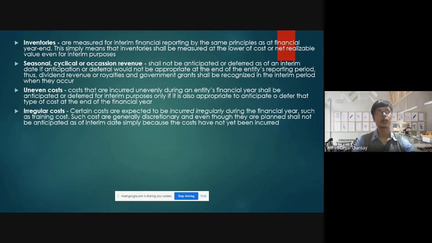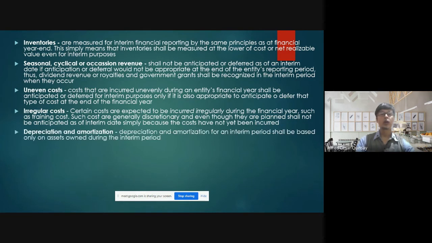Even if it's irregular cost, no? Okay, so like training cost. Okay, wherein yung mga training cost, hindi naman madalas yan, no? Okay, so that should be accrued only when they are incurred.